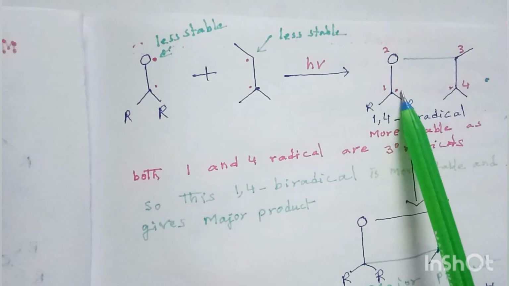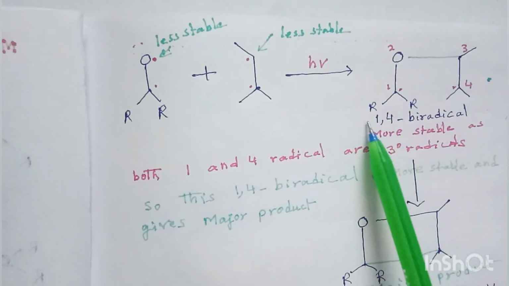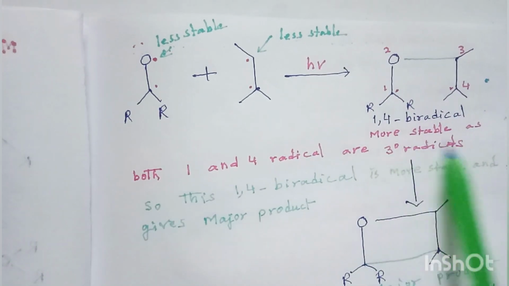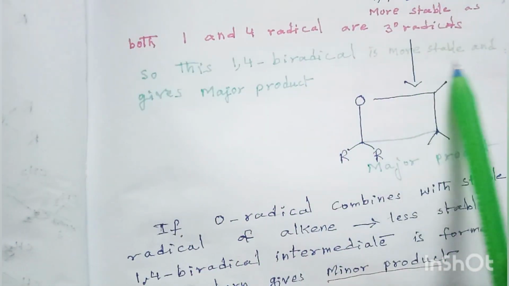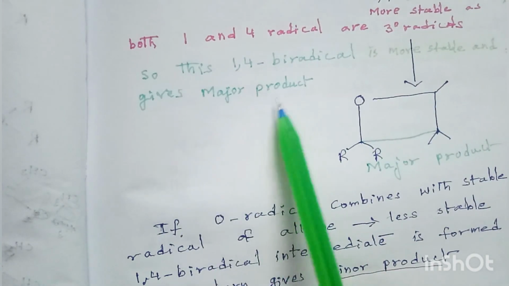So these two radicals are more stable. So this biradical is more stable. So this 1,4 biradical is more stable and gives a major product.